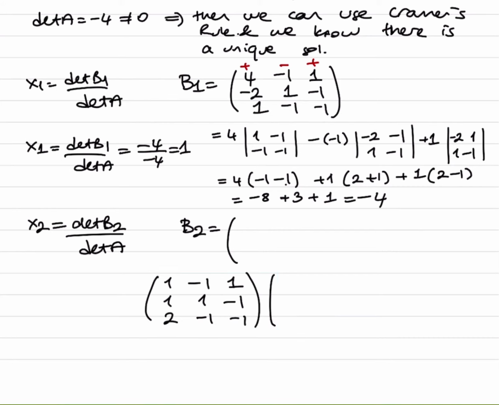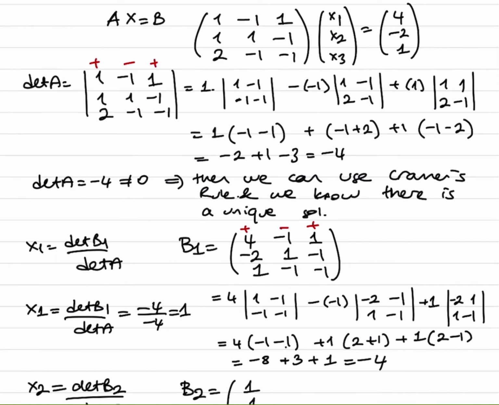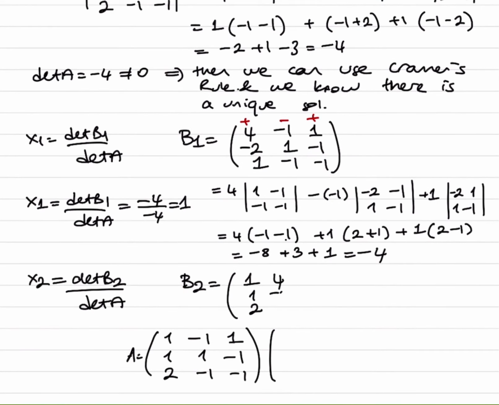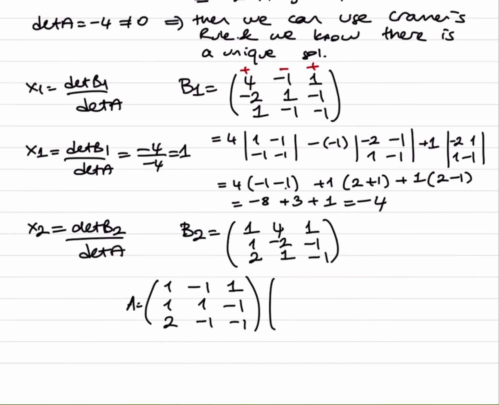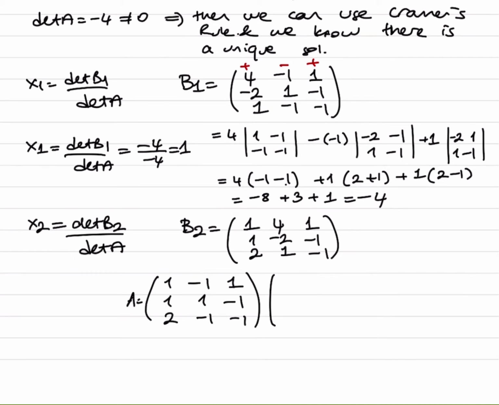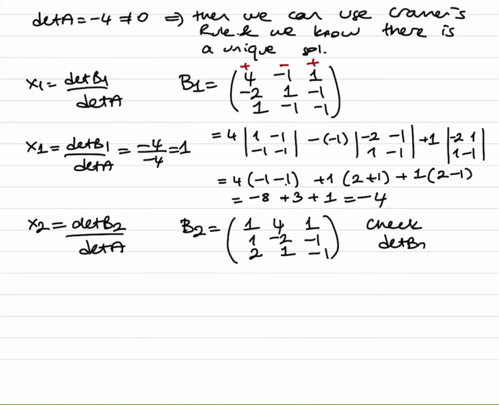So this was A. So we will replace (1, 1, 2), the second column, with b, (4, -2, 1). Check: the determinant of B2 I think is 4. Then x2 is equal to 4 over minus 4, so it should be minus 1.